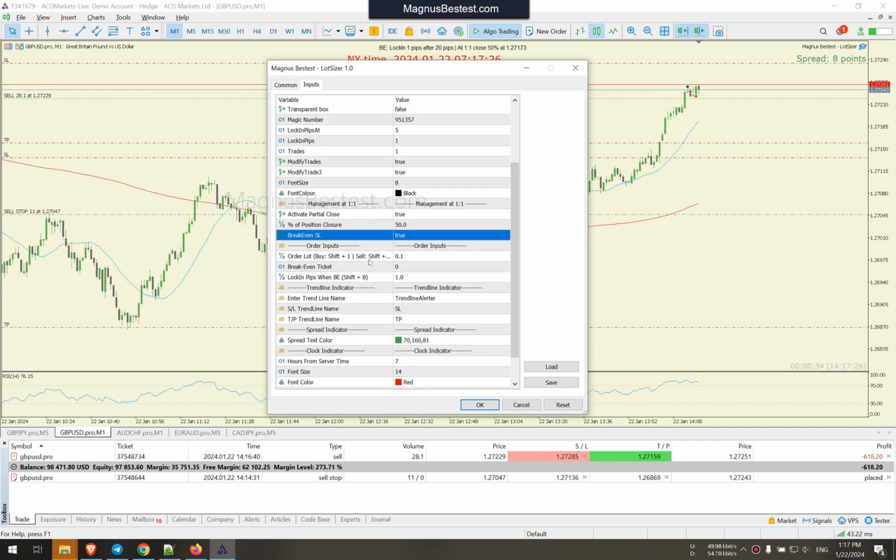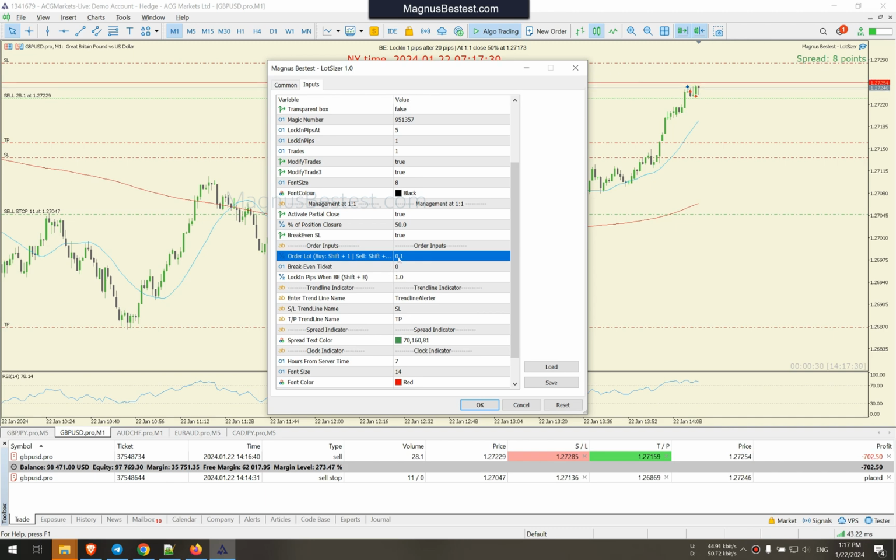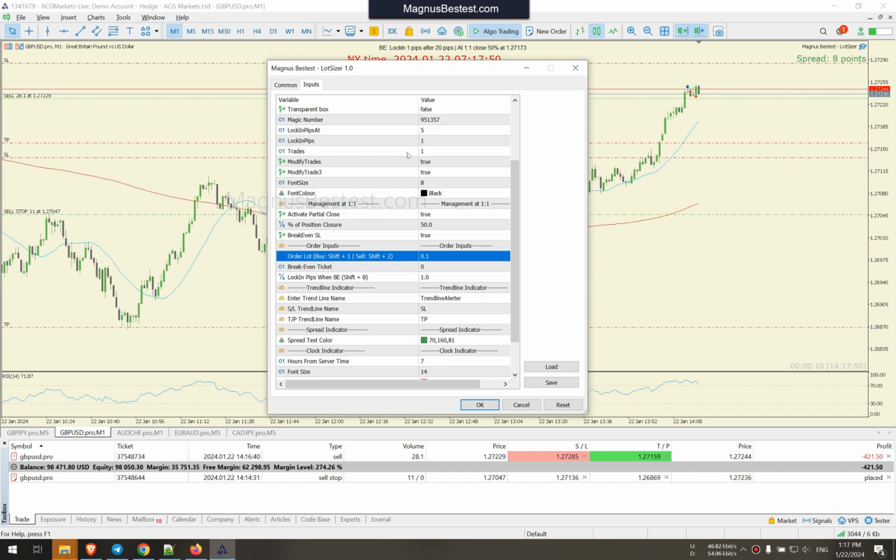And then here we go with other great features for scalpers. This is the lot size that will be opened by default when you use the hotkeys. For example, for buy it's Shift+1, so you just press Shift 1, and for sell it's Shift 2, and you are in a trade with 0.1 lot size.